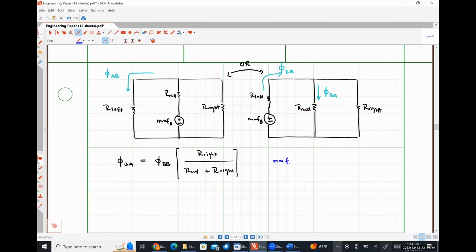MMF B is going to equal our flux phi BB times the equivalent reluctance seen by coil B, using our Ohm's law style relationship, where MMF plays the role of voltage, flux plays the role of current, and reluctance plays the role of resistance. So to me, I'm reading this as effectively V equals IR so that I don't screw it up. Okay.